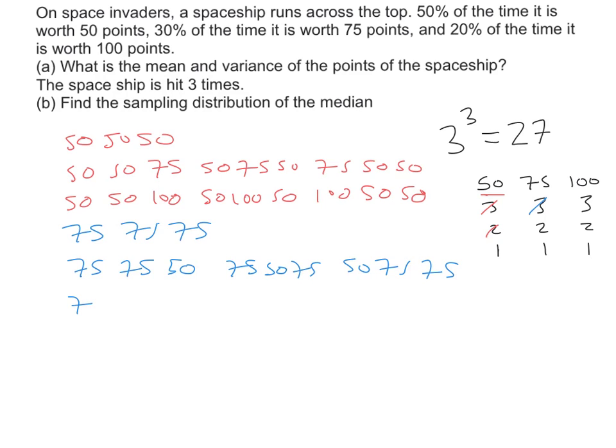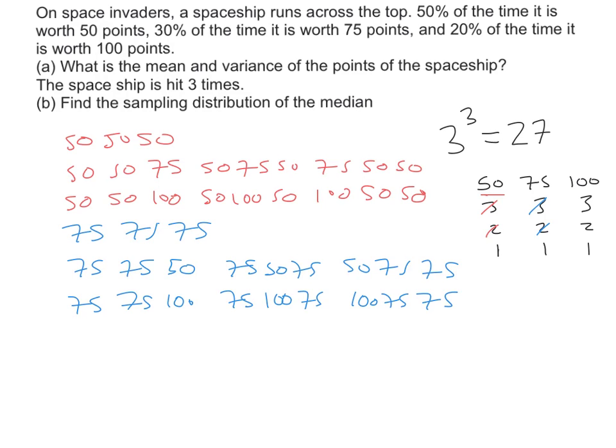Or of course it could be 2 75s and 100. So we need to list those outcomes as well. So now I've done where you've got 2 75s.